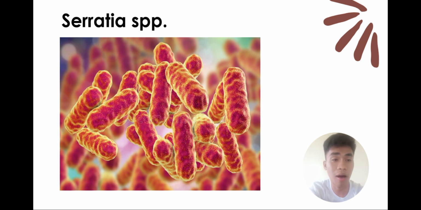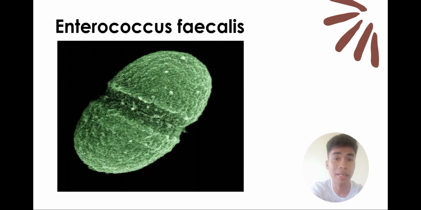Next of the common pathogens causing urinary tract infections, we have Enterococcus faecalis. What is Enterococcus faecalis? Just look at the picture. This is the structure. So we call this Enterococcus faecalis.